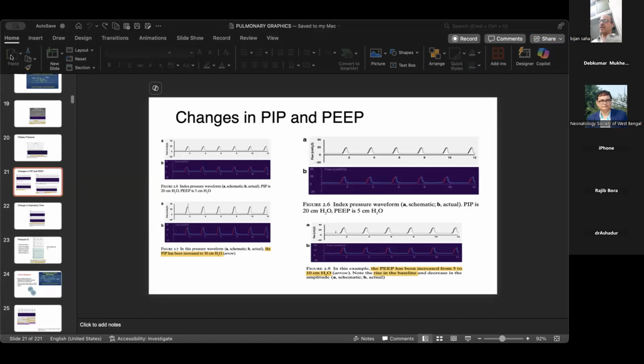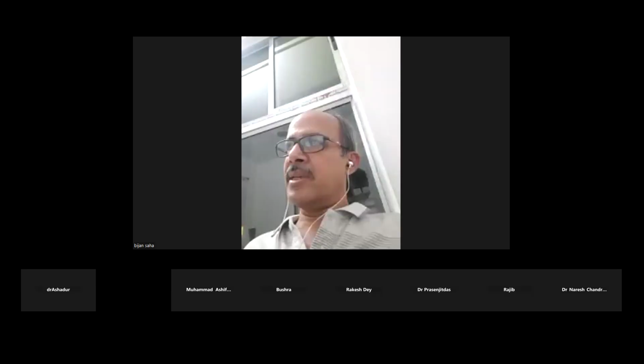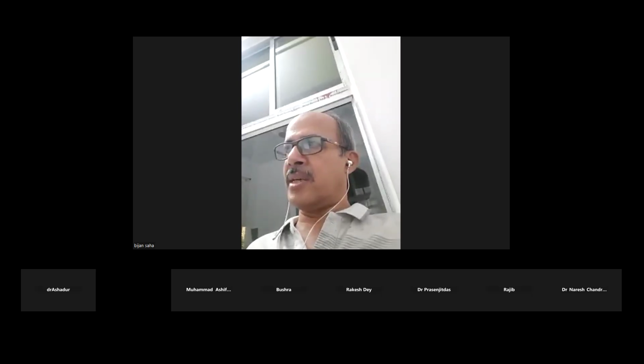Looking at the screen, you will get many ideas. One of the most important utilities of pulmonary graphics is that you can monitor a baby on mechanical ventilation. You can see the misadventures. Also, you can diagnose something. And second important thing is that you can see the response to therapy like bronchodilator, etc. So pulmonary graphics is one of the important tools in the monitoring of newborn babies on mechanical ventilation.